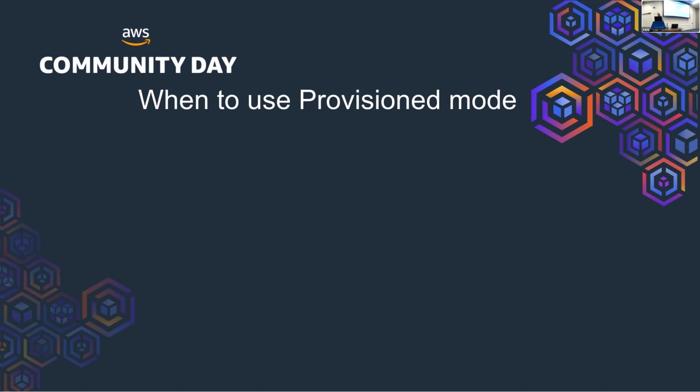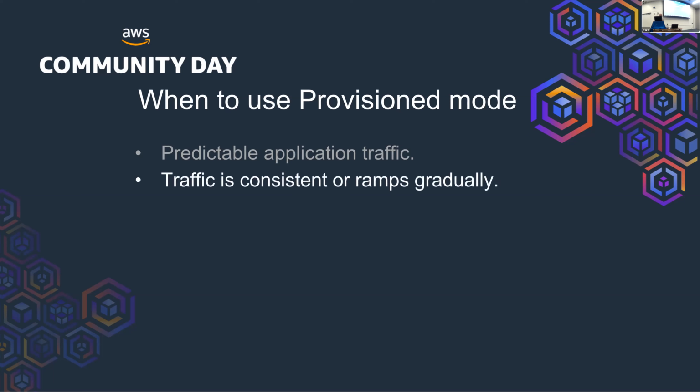When to use provision mode? Again, it's opposite. So when you have a predictable application traffic, and again, predictability is kind of a tricky thing. We burned our feet thinking that our application traffic was predictable and found out actually the scaling was not able to keep up. So again, it's something that you might have to try out to see if your traffic is predictable and the scaling that provision mode by default provides is able to keep up.